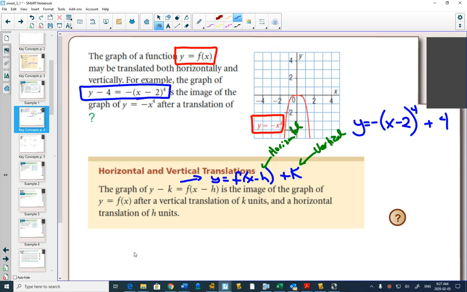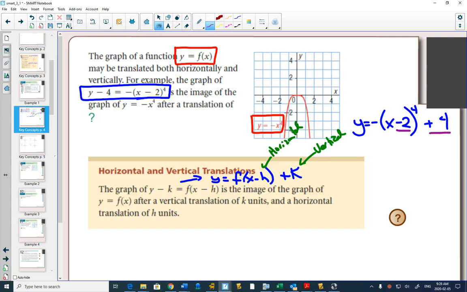And now I'm going to compare my blue equation to my red equation and say, what's different? What's changed? Can you see there's a negative in front of both of them? That hasn't changed. The only things that have changed is now there is a minus 2 and a plus 4.